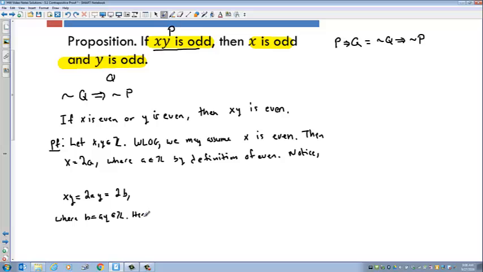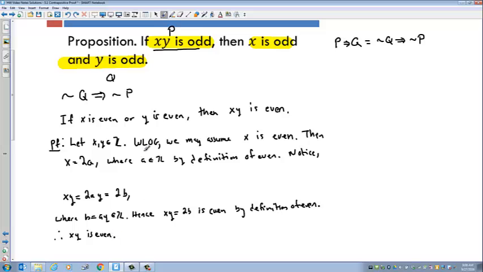Hence, xy is equal to 2b, so xy is even, by definition of even. And we always like to end with that sort of therefore. So therefore, xy is even. And so that ends the proof.